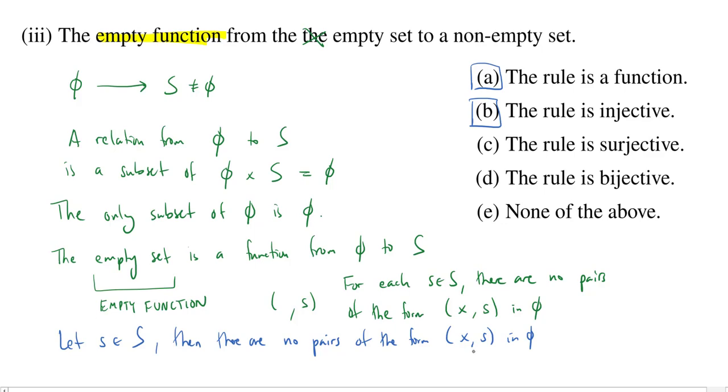What does that mean for surjectivity? Remember, for surjectivity, for each s in S, there must be at least one pair in your function which has s in the second component. And so this rule is not surjective. If S had been the empty set, it would be. But for the non-empty set S, it's not surjective. Of course, once we know it's not surjective, it's not bijective. And because both A and B were true, we know that E is false. All right, on to number 4.